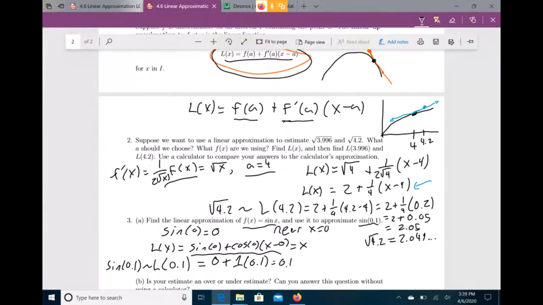Yeah, we did it using limits. So we would say the limit as x approaches 0 of sine of 2x over 2x. This just looks like 2x over 2x, so it's just 1.